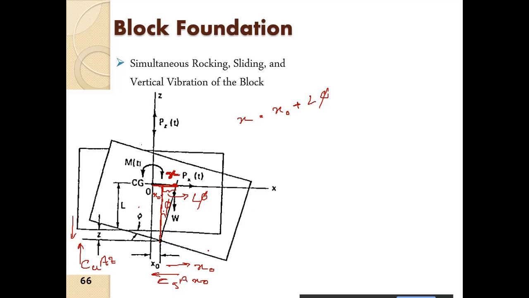Here we can write x naught is equal to x minus L phi. So here we can replace that x naught as C tau A into x minus L phi. Okay, so that is the horizontal force.